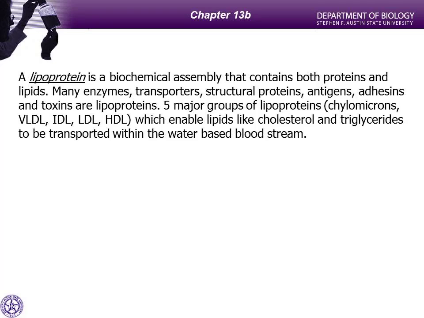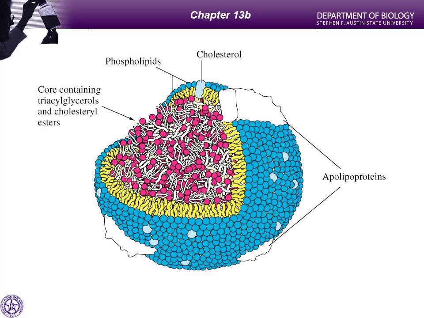We talked about transporting iron. Well, in this case, we're going to be transporting fats, triglycerides, cholesterols. We're going to package them inside a vesicle that's surrounded by phospholipids. The fatty acid chains are pointing toward the interior, and the charged heads are on the outside. So we have a water-soluble package whose contents are water-insoluble. And this entire unit is called a lipoprotein.